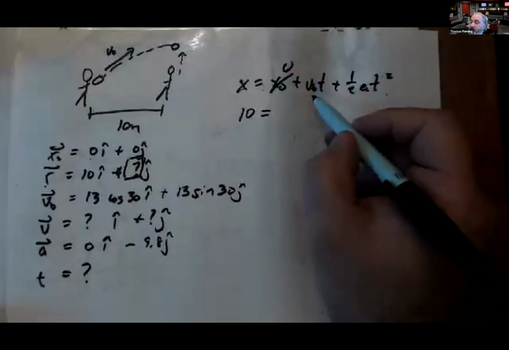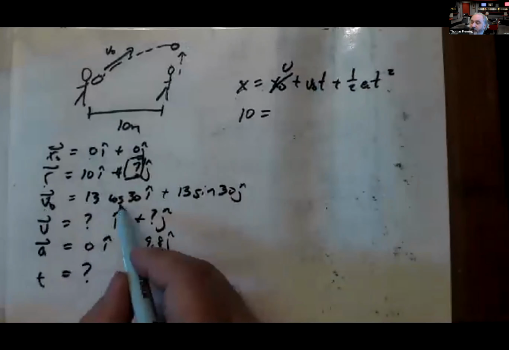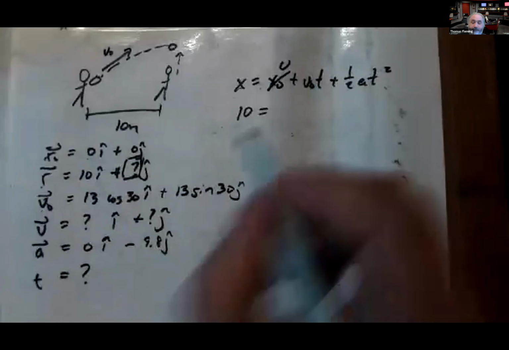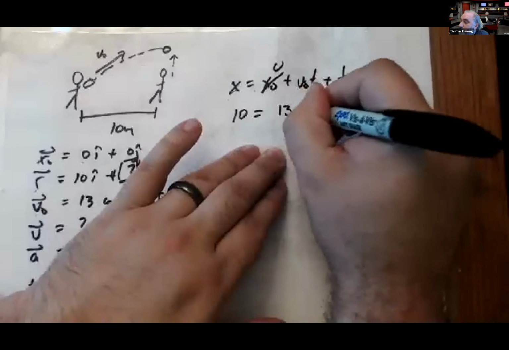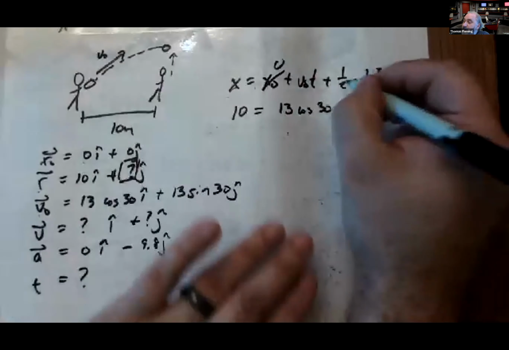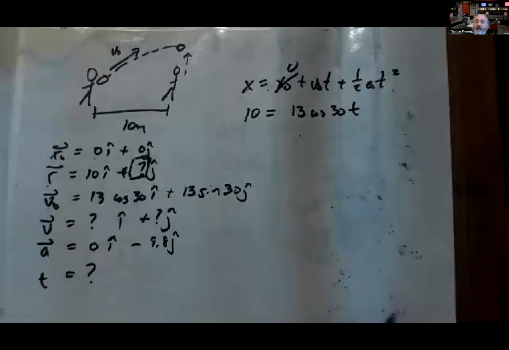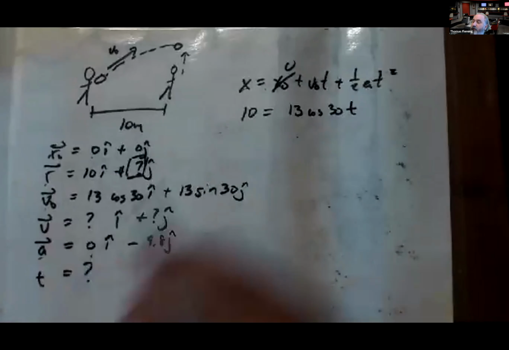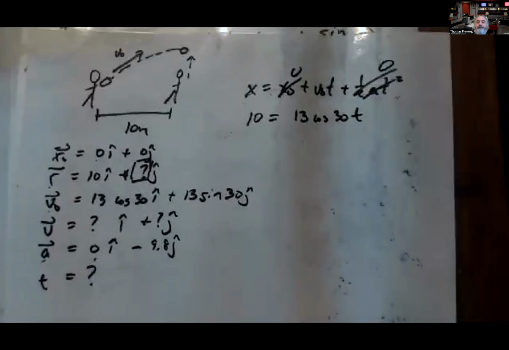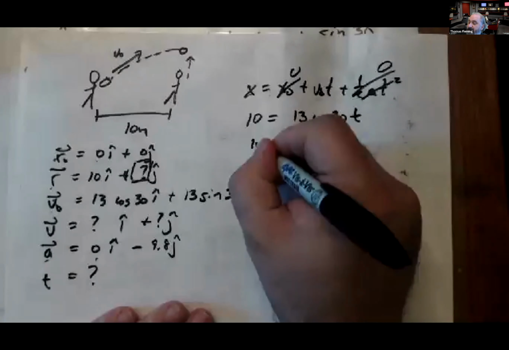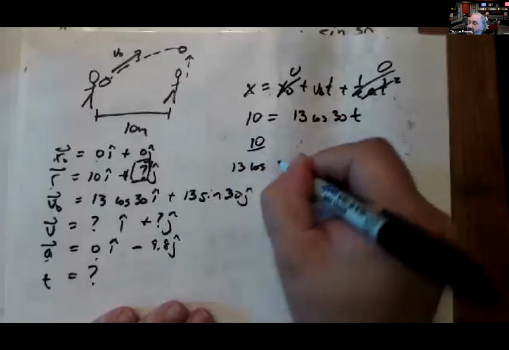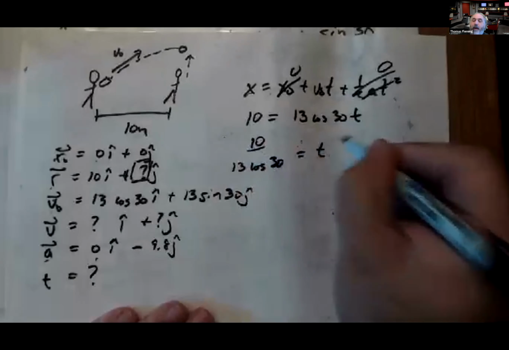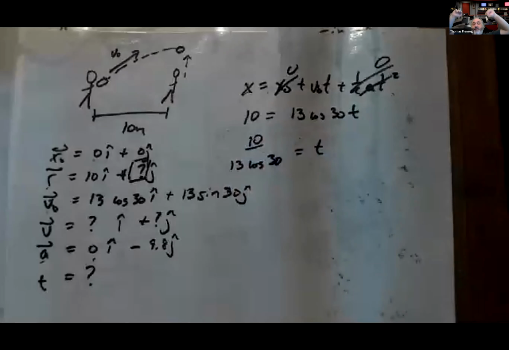Initial velocity in the x direction, 13 cosine 30, times t. Then in the acceleration case, it's acceleration, x direction. Aha, that's 0, which murders that whole term. Boom, that's it. So 10 divided by 13 cosine 30. That's the time that the interceptor is going to have to reach up and catch it. And that's a number. I can calculate it.